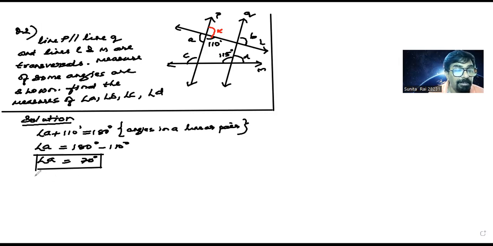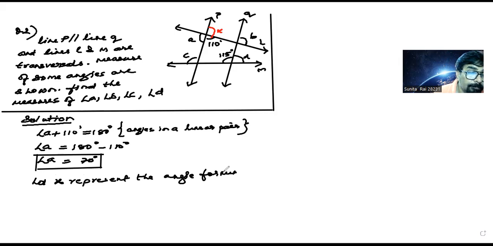Let X represent the angle forming a corresponding pair with angle B, okay?